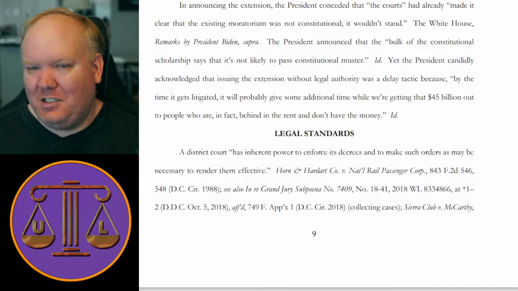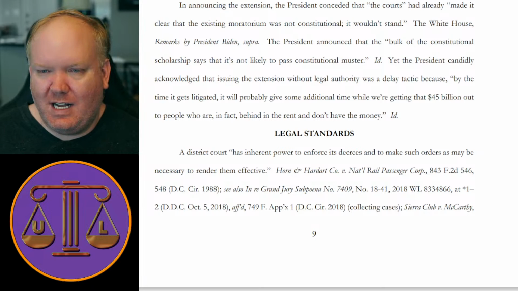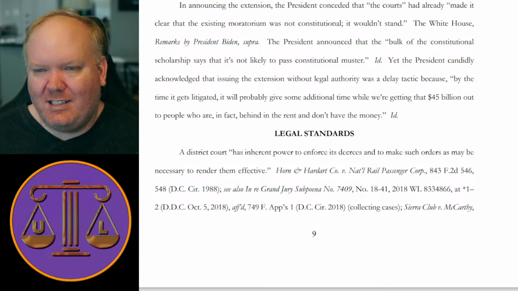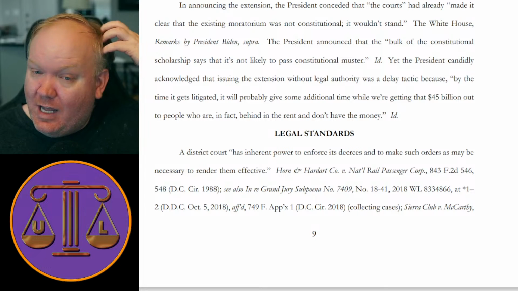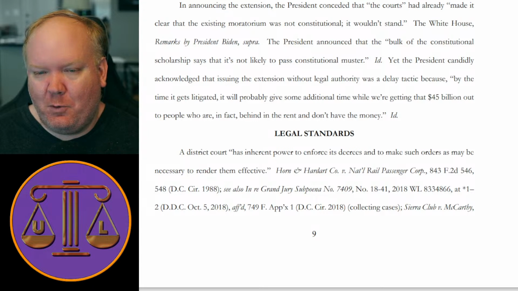In announcing the extension, the president conceded the courts had already made it clear the existing moratorium was not constitutional, it wouldn't stand. The president said the bulk of the constitutional scholarship says it's not likely to pass constitutional muster. Yet the president candidly acknowledged that issuing the extension without legal authority was a delay tactic, because by the time it gets litigated, it will probably give some additional time while getting that 45 billion out to people who are in fact behind on their rent.